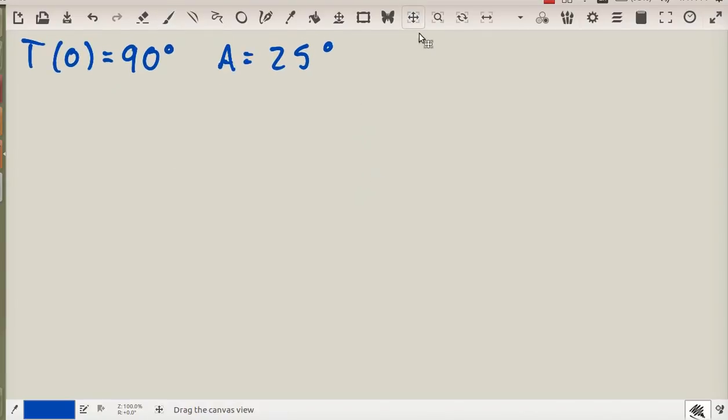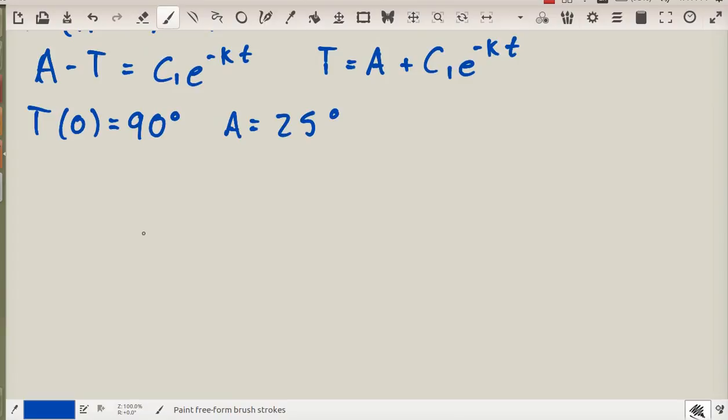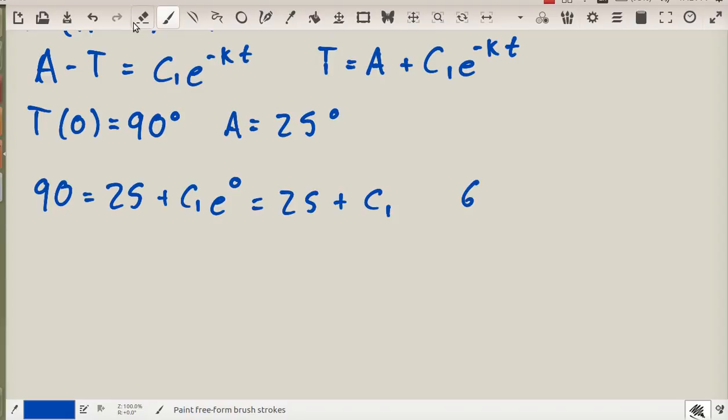So we know that 90 is equal to 25 plus c1 e to the 0, which is equal to 25 plus c1. So we know that c1 is equal to 65.